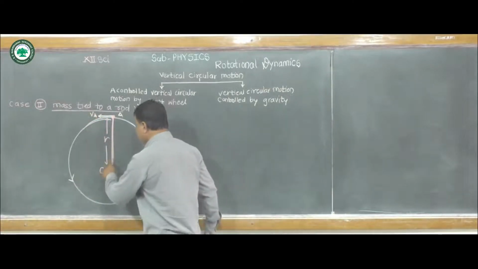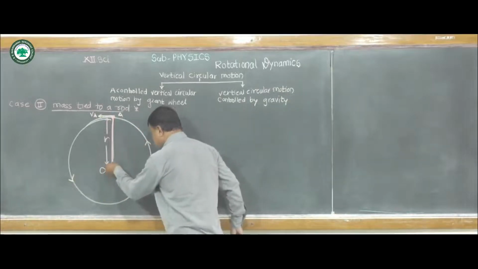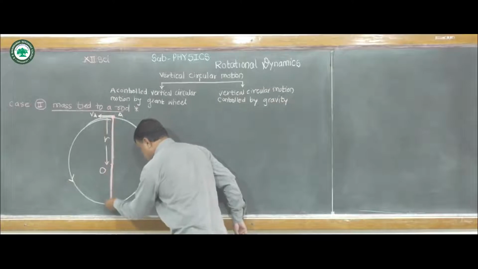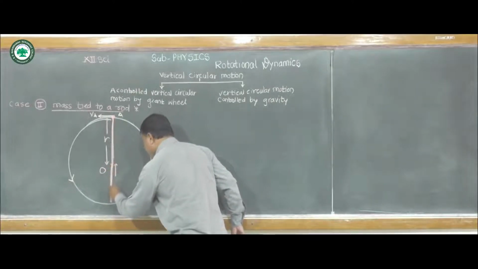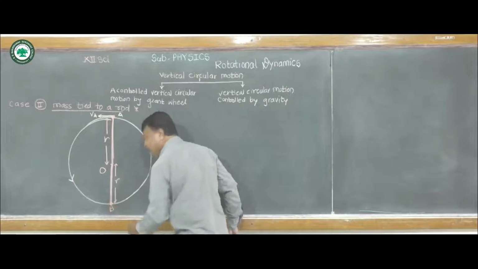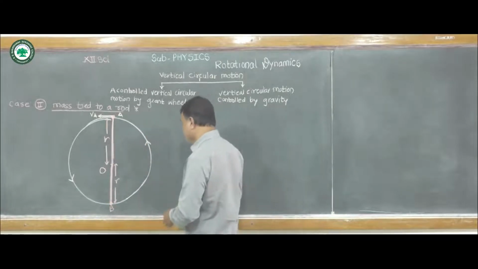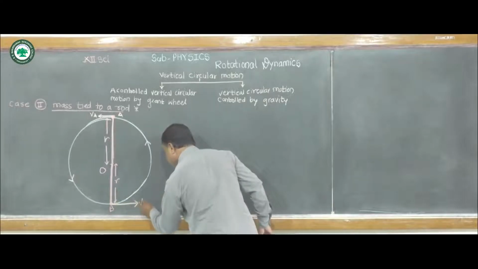Now when this particle is at position B, then distance of O from B is again equal to small r. When particle is at position B, then its velocity is given by VB.